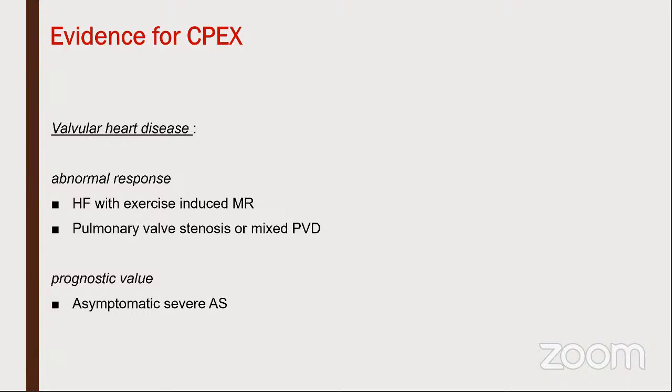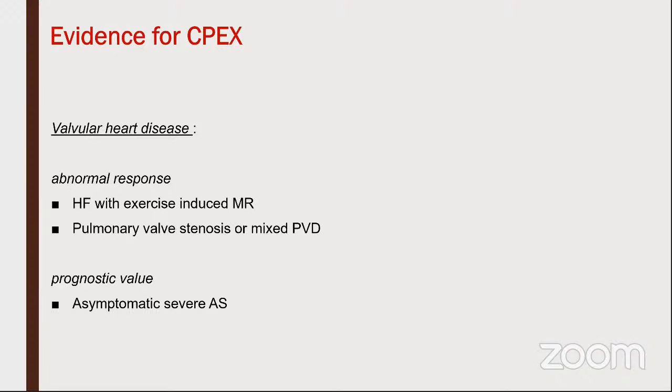There is quite some intriguing information about prognostic value in asymptomatic severe aortic stenosis. This is still something which on occasions can be difficult to decide: at what stage should we operate on patients with severe aortic stenosis who are completely asymptomatic?